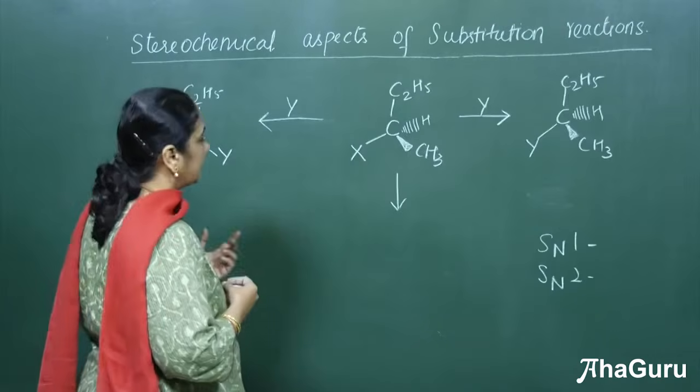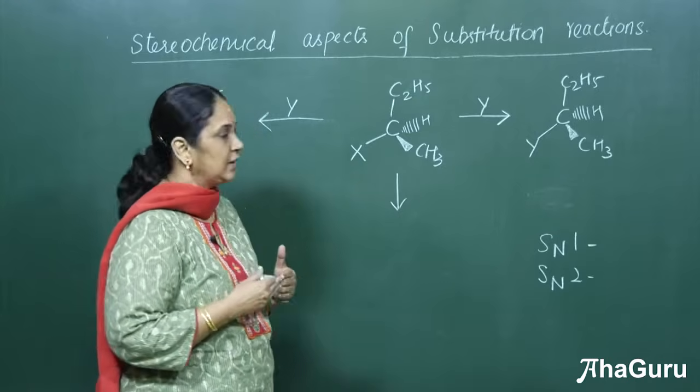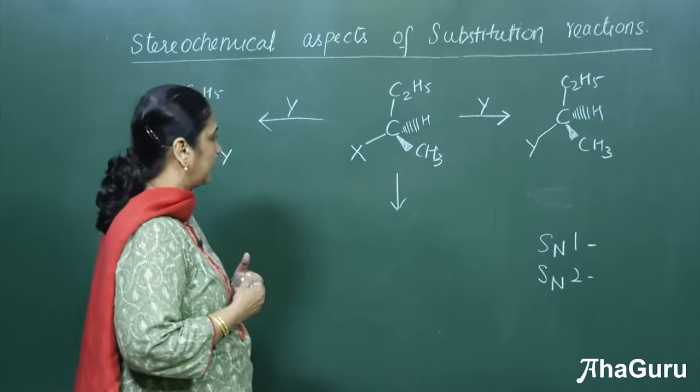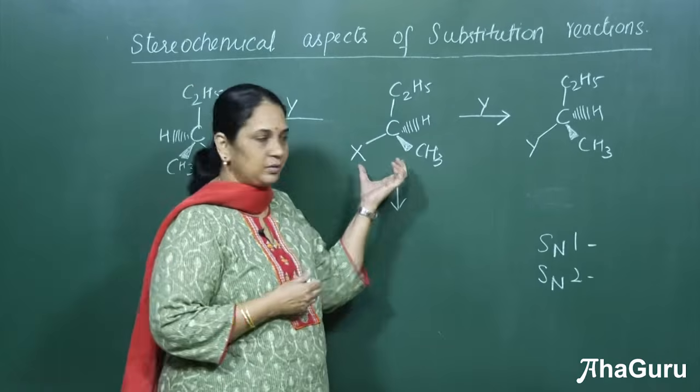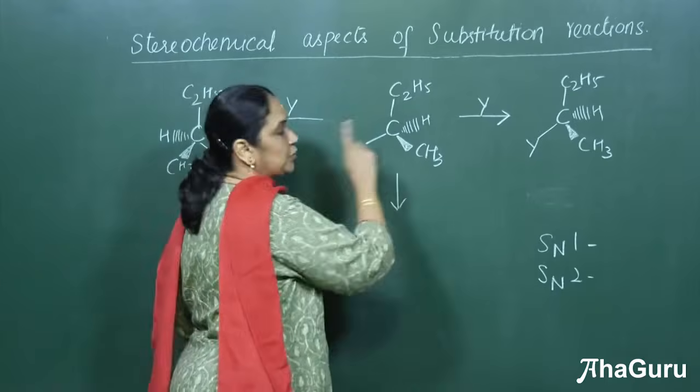Now let us see an example where a substitution is happening, a nucleophilic substitution reaction. Let us take this compound where this carbon is chiral because all the groups are different.